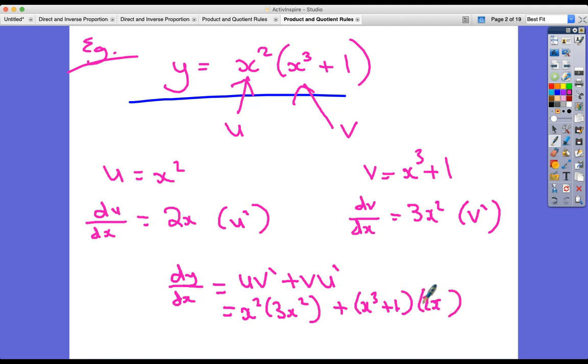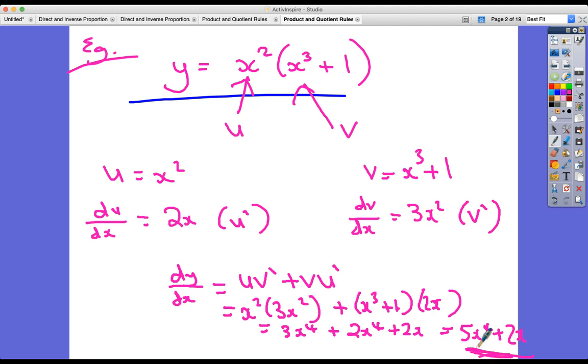Now there's potential here to simplify things. So 3x to the power of 4 plus, we've got 2x cubed times it out, plus 2x. Simplifying that, we could gather up like terms. We get 5x to the power of 4 plus 2x.